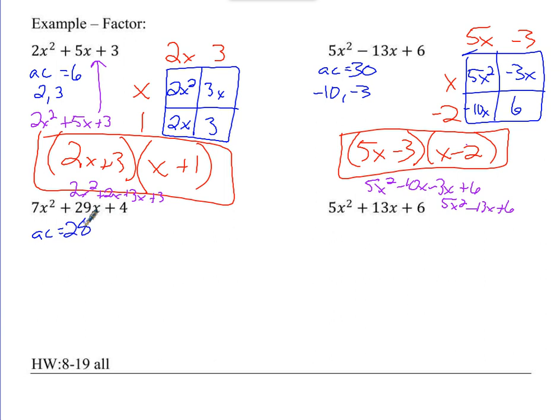Good. All right, what happens next? Good. Two numbers that multiply to give me 28, and they got to add to give me what? 29. What two numbers do that? 1 and 28. So I write those down, and then am I supposed to just move on from here?